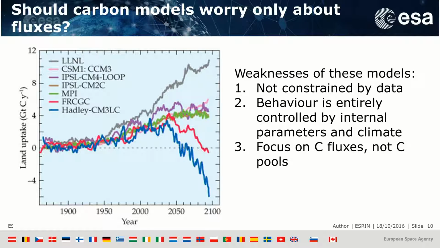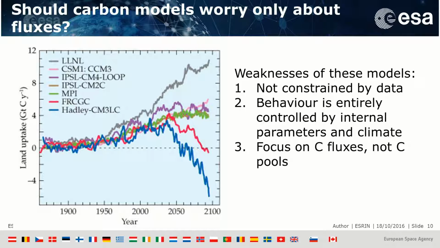Now, how well do these models do? And do they need only to worry about fluxes? The plot on the left is from something called CMIP5. It's the Coupled Model Intercomparison Project.